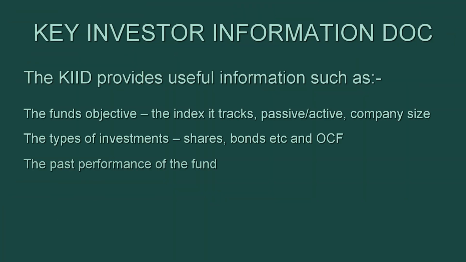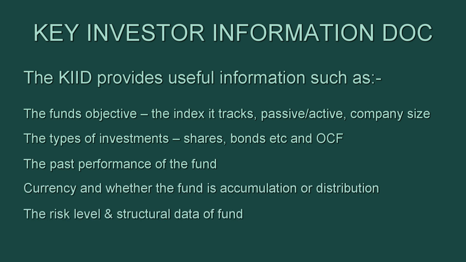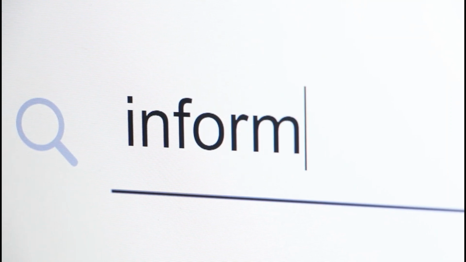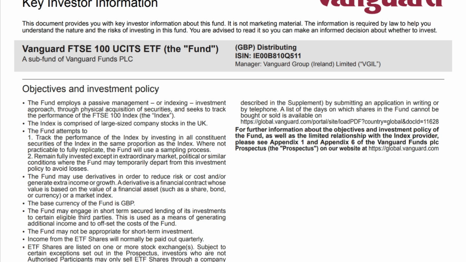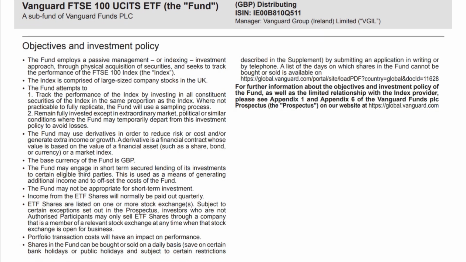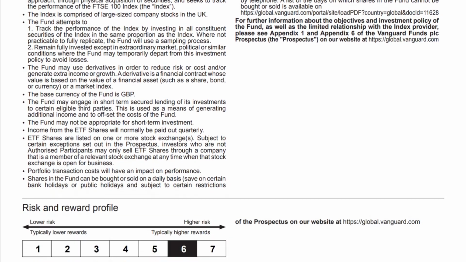The KIID document is very useful as it provides a whole lot of information about the fund in a generally easily readable format. It provides such information as the fund's objective, i.e. what index it tracks, the size of companies in the index and whether it does this passively or actively. It provides information on the type of investments, whether they be shares, bonds or other assets.